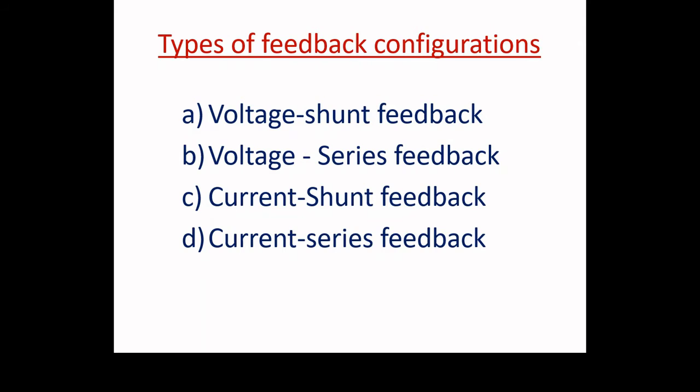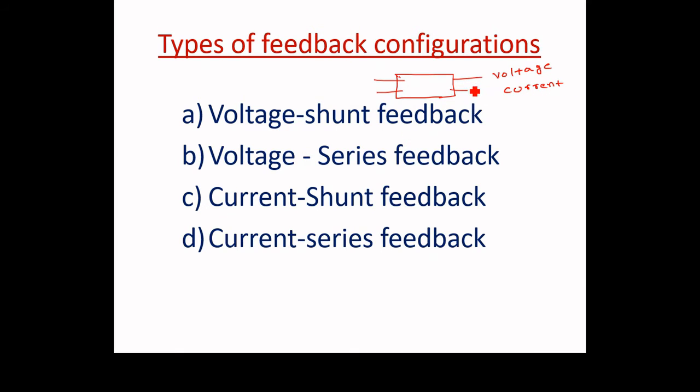What are the different types of feedback configuration we have? Whenever you are taking a device, at the output you can sample either voltage or current. We have two parameters, right? Voltage and current.